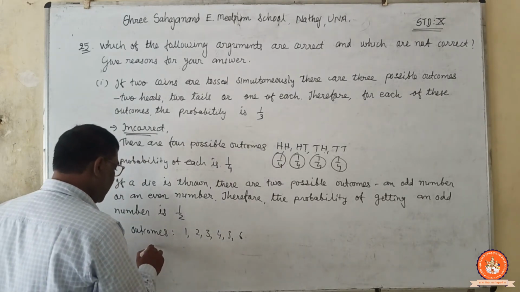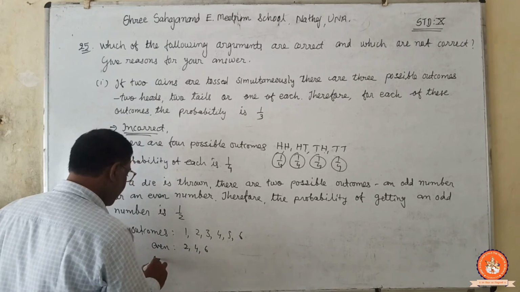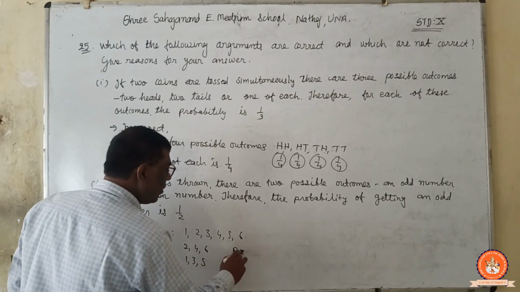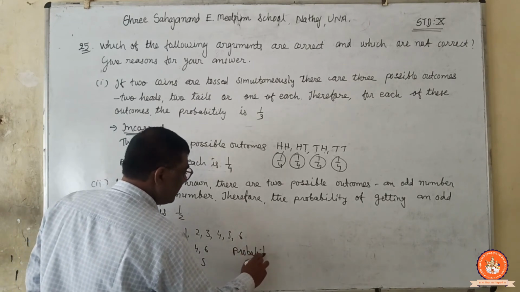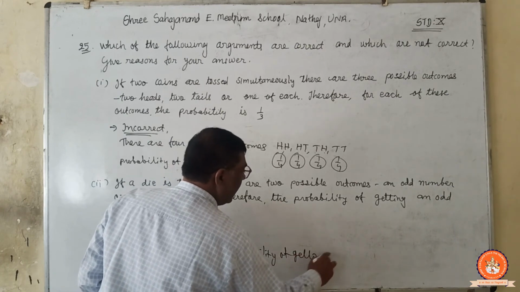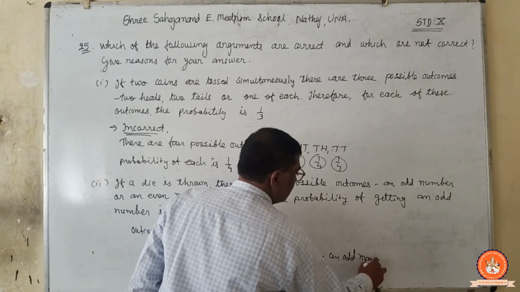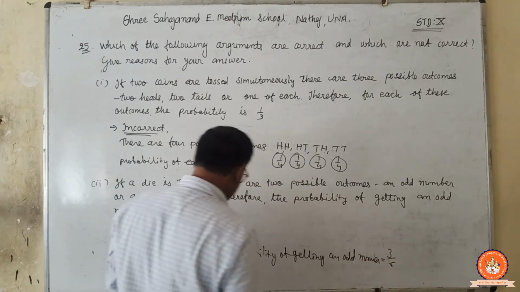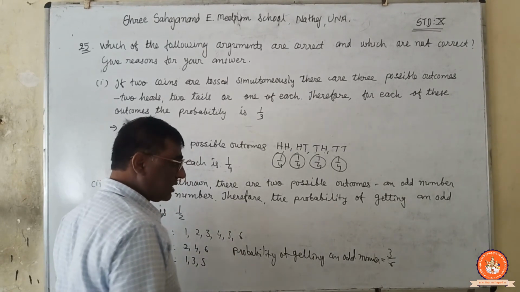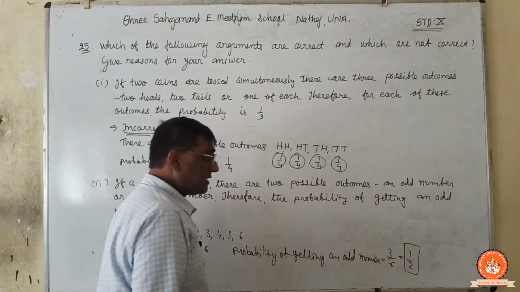So even number कितने हैं? 2, 4 and 6. Odd कितने हैं? 1, 3, 5. So probability of getting an odd number is equal to 3/6. The top 3 outcomes are favorable and total number of outcomes are 6. So it's 1/2. Yes, so this one is correct.